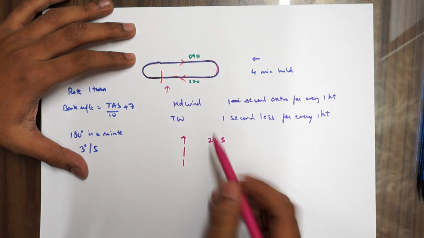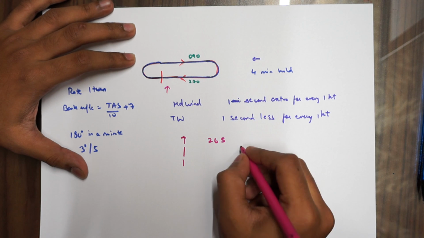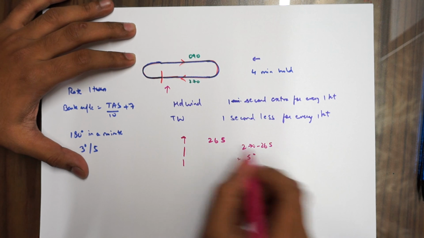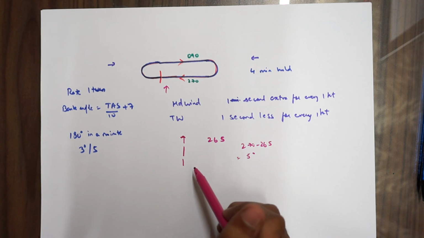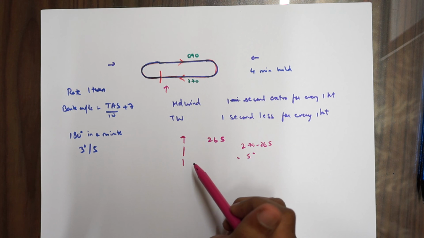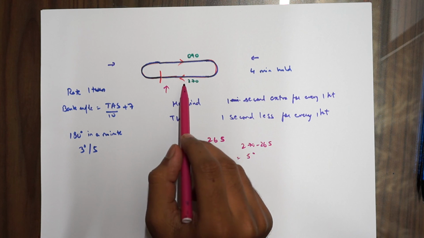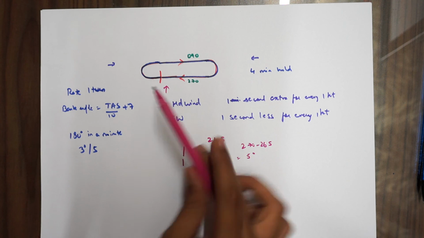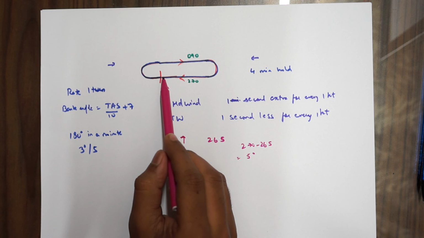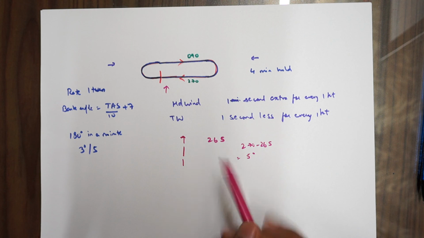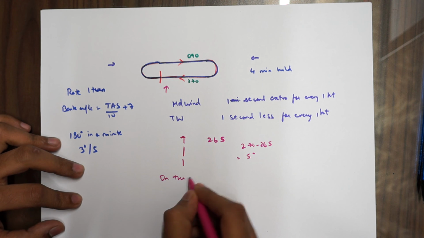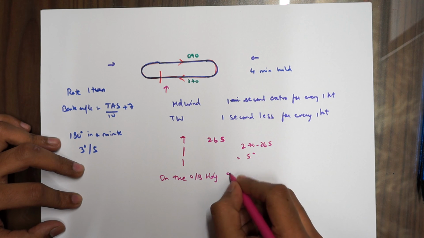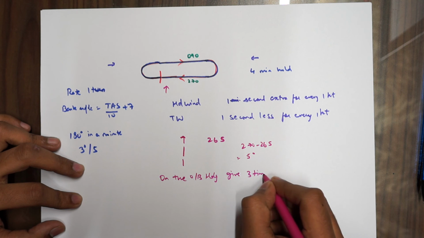So what happens is, you found out the drift correction, that is 270 minus 265, that is about 5 degrees. You're maintaining a 5 degrees correction to stay on the course. You actually do not need the winds of the tower at all, because you can find out from the inbound course itself. So you have 5 degrees drift to maintain the course. So what will happen is, on the outbound heading, give 3 times the correction.